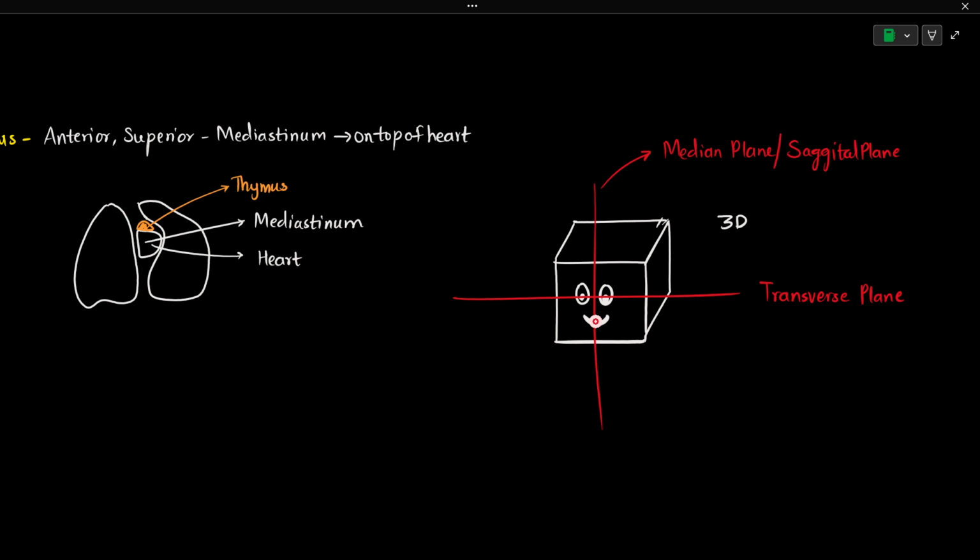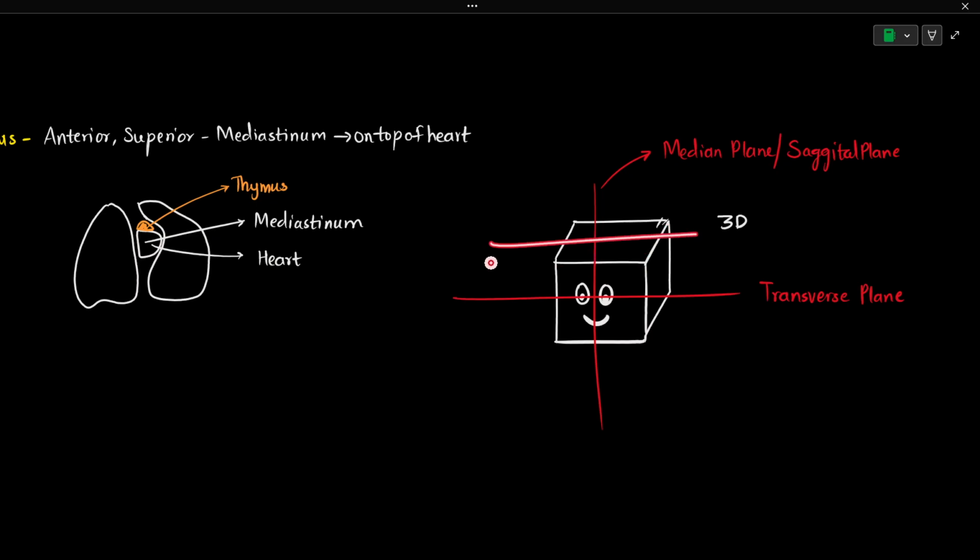Imagine cutting through this cube in this vertical section. This vertical plane is known as the coronal plane, which is going to make two parts of this cube. This particular part, which is present anteriorly, is known as the anterior part, and this particular part, which is present on the back side, is known as the posterior part.